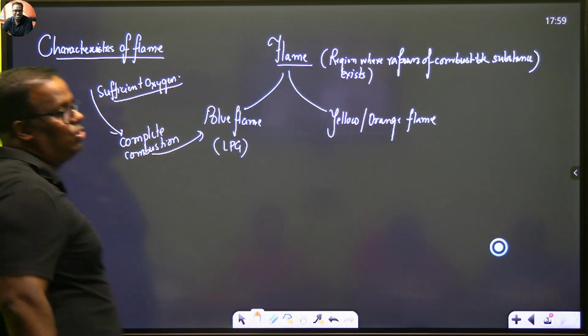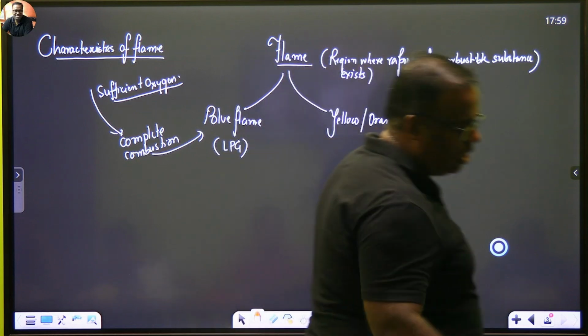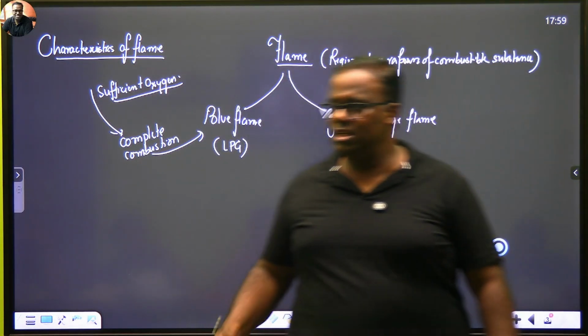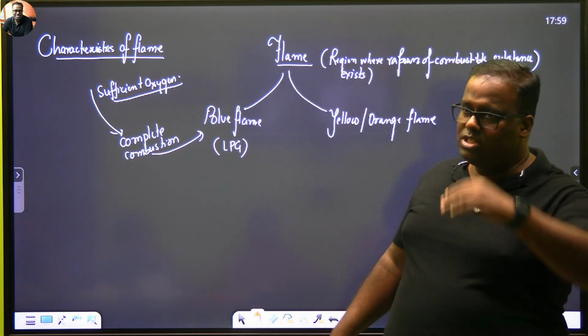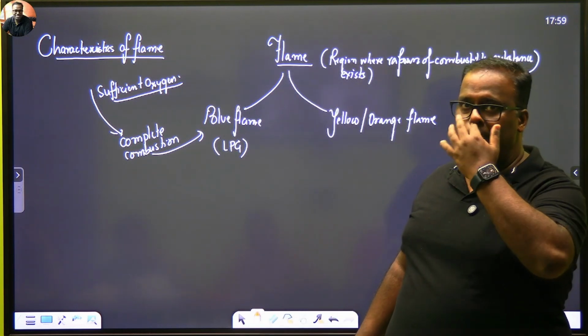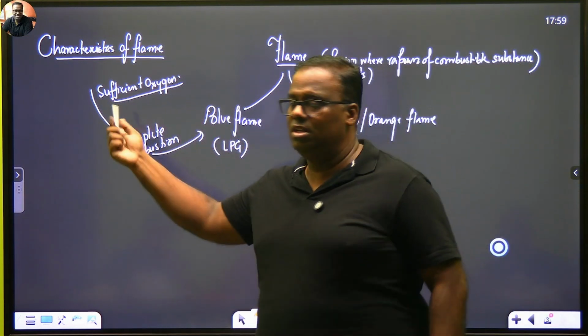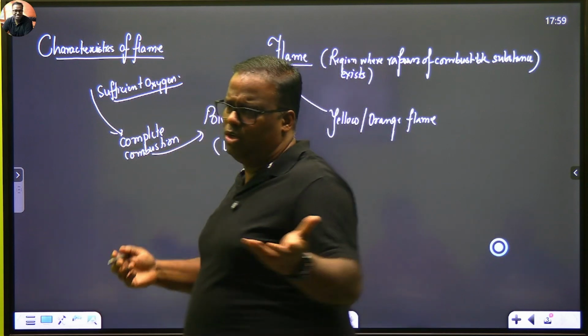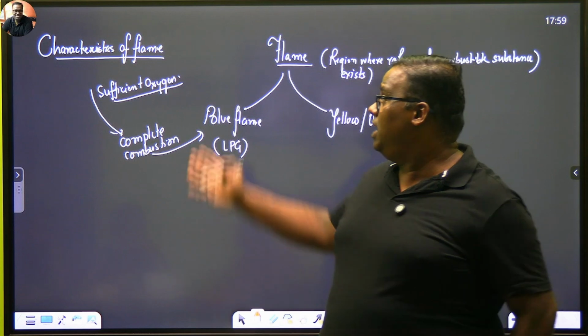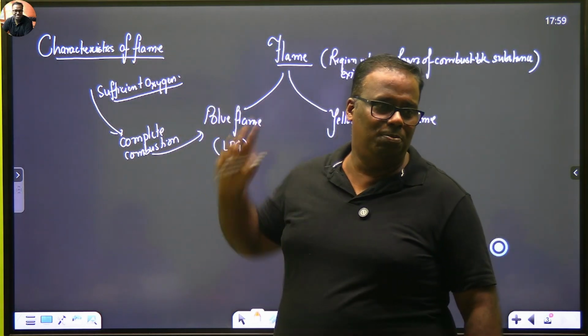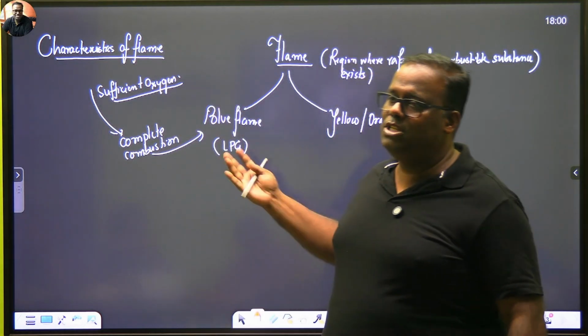Now here also we need to understand a story. Do we have oxygen in the air right now? Yes, around 20% oxygen. For LPG, 20% oxygen, like in the atmosphere, is sufficient oxygen. Are you getting it? So LPG burns with what?